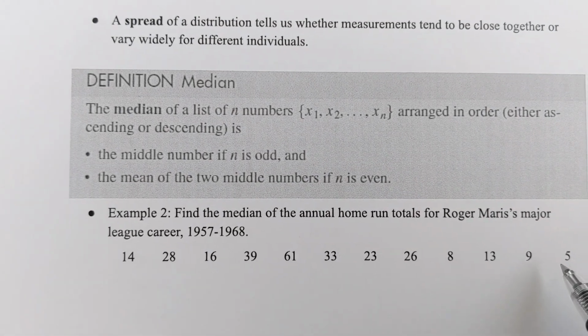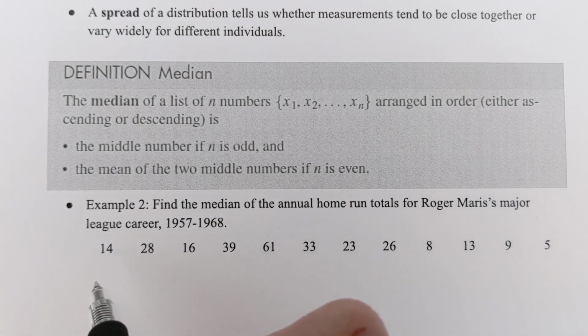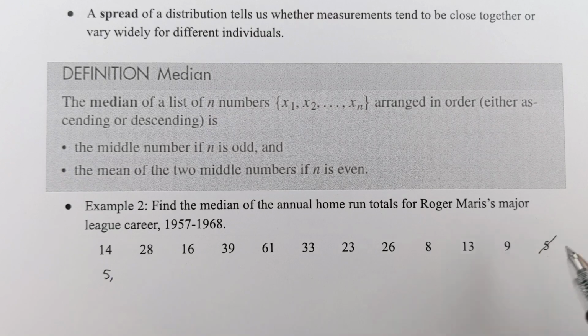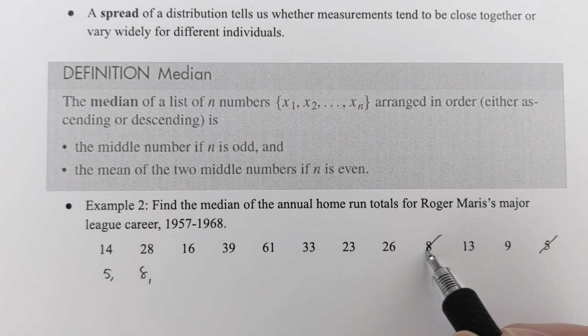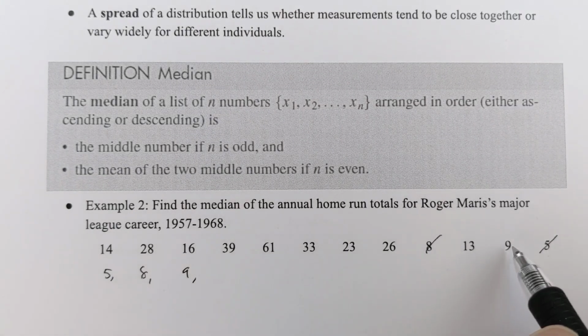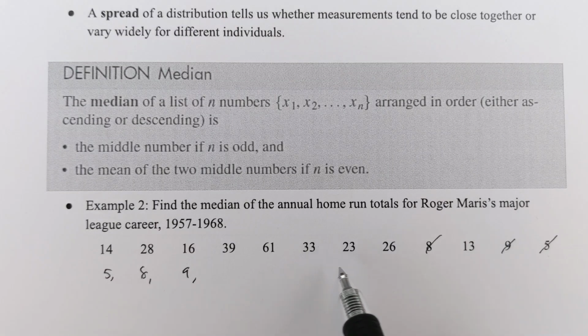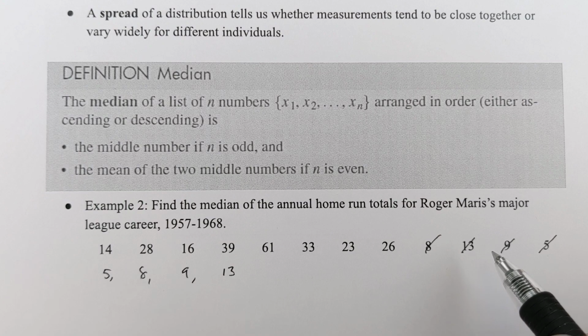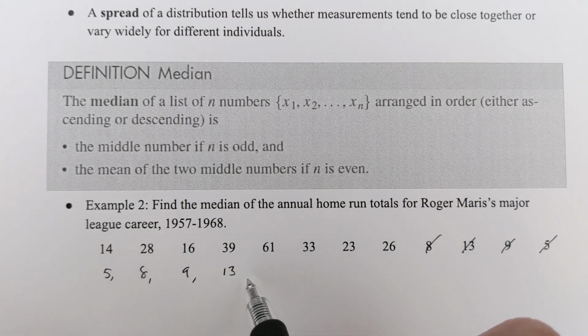So let's see here, the smallest one is 5. And then we've got 8 and 9. And then 13 would be next. All right, and then we've got a 14.